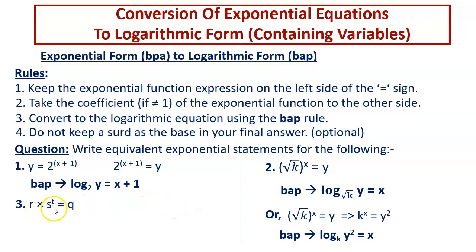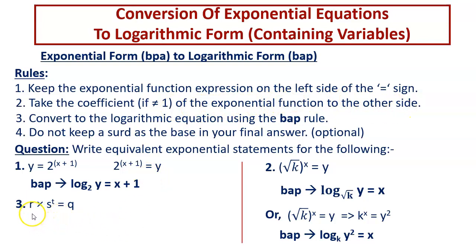R times s to the power of t equal to q. Now over here s to the power of t is the part which is containing the power, and now r is a variable. R can be equal to 1, but it can have some other value also. So now we use rule number 2. Take the coefficient, if not equal to 1, of the exponential function to the other side.